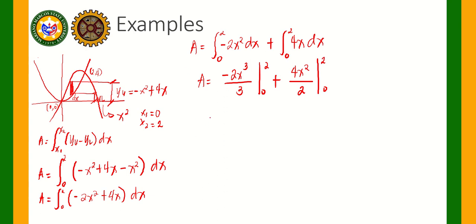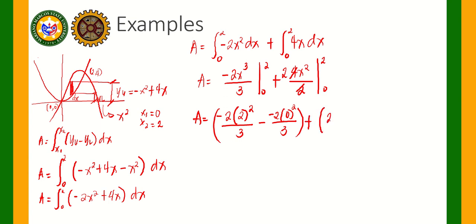So, we apply si limits. This will cancel. That will be equal to 2. So, our area is equal to negative 2, upper limit natin, x cubed over 3 minus negative 2, lower limit natin. And then, we add si 2, upper limit natin, 2 minus 2 times 0 squared, our lower limit. So, of course, this will become 0 and along with this one.